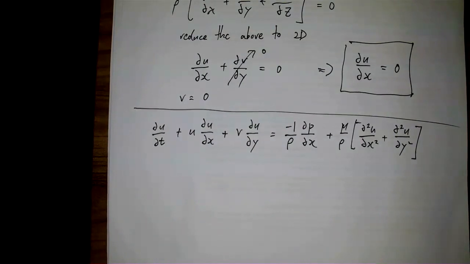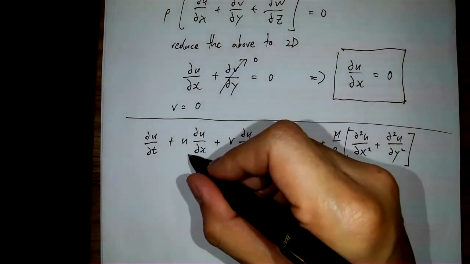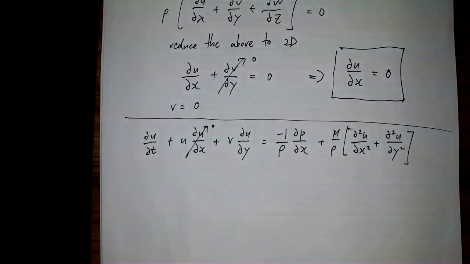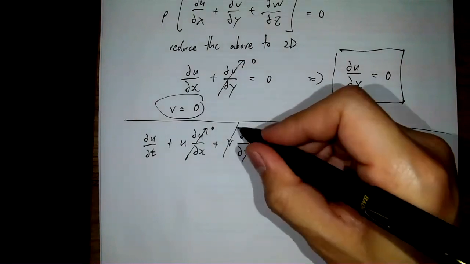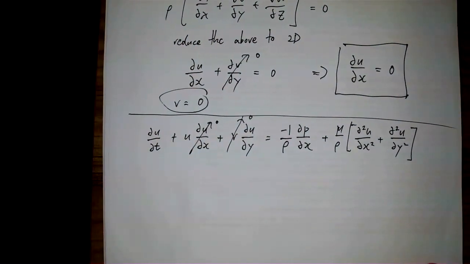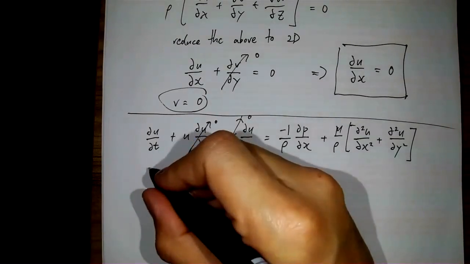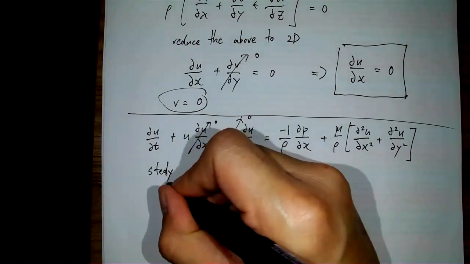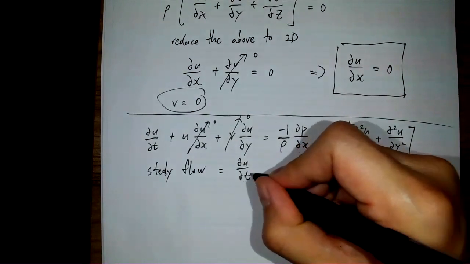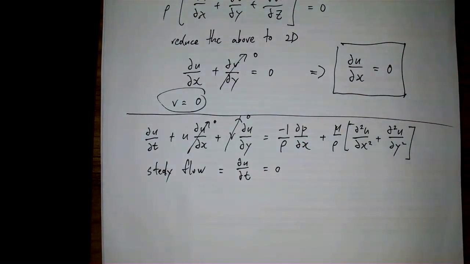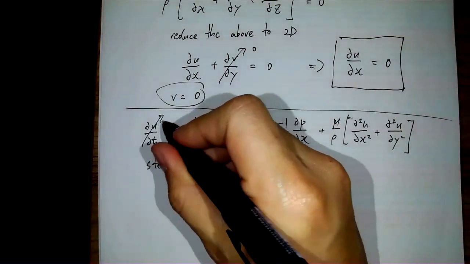What we learn from this expression is that du by dx is 0, so we can automatically put this at 0. Another thing we know is that v also equals 0, so this term also goes to 0. And we assume this case is a steady case, meaning there's no time-dependent change of the fluid properties, so this will go to 0.